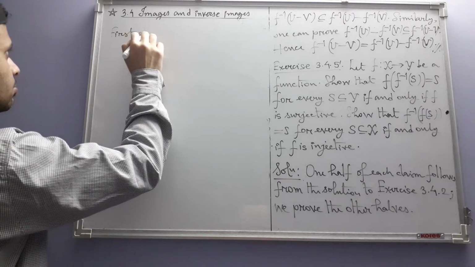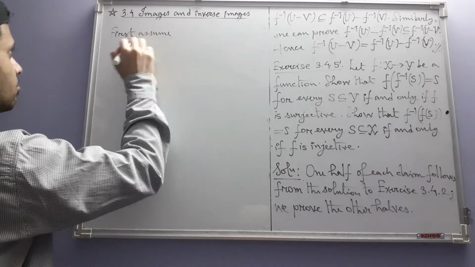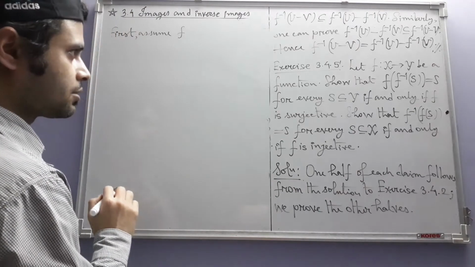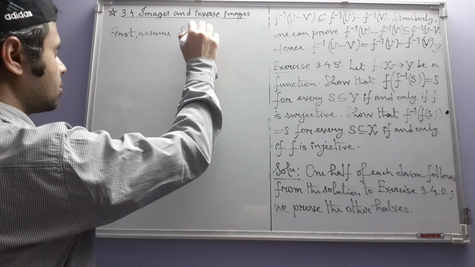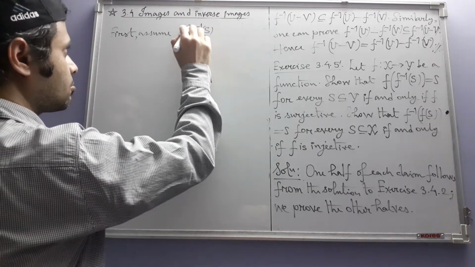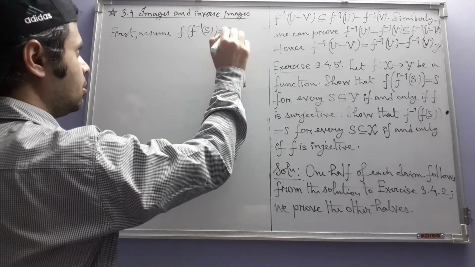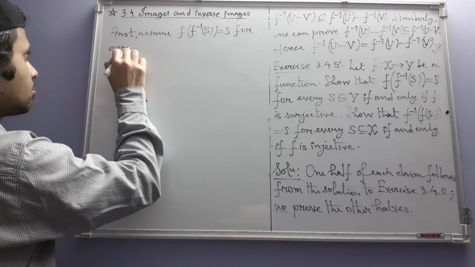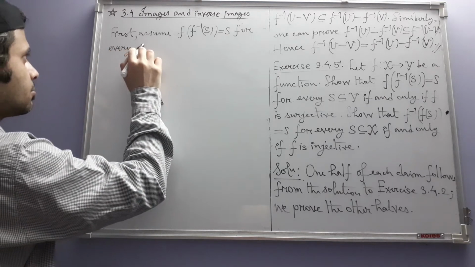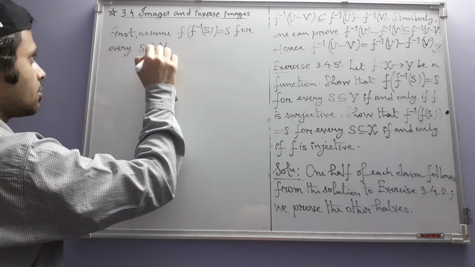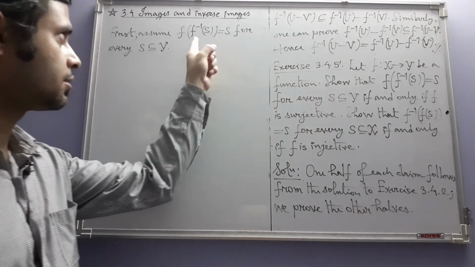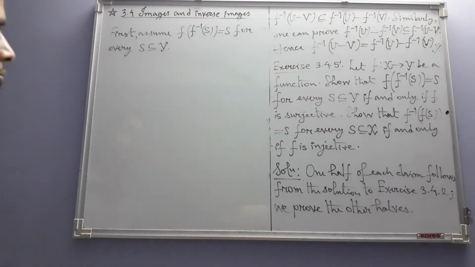First, assume that f of f inverse of S equals S for every subset S of Y. Okay, so this is our assumption, and we have to prove that the function is surjective, it's onto.